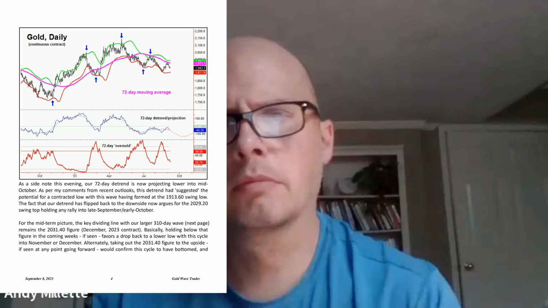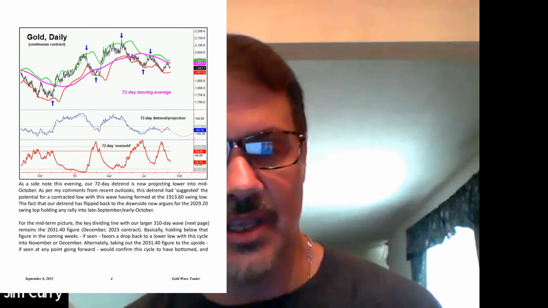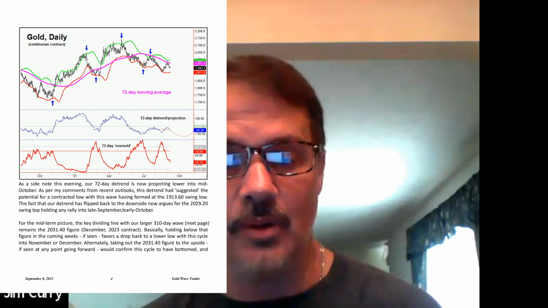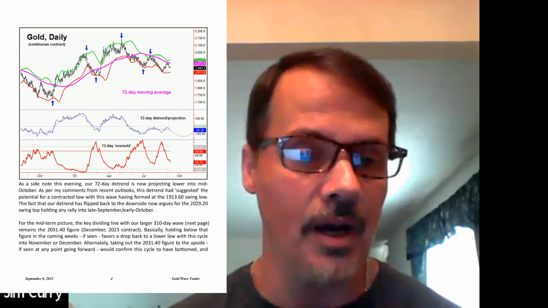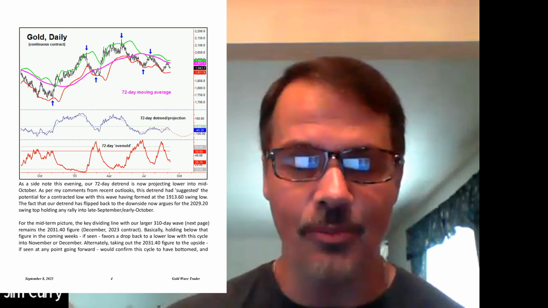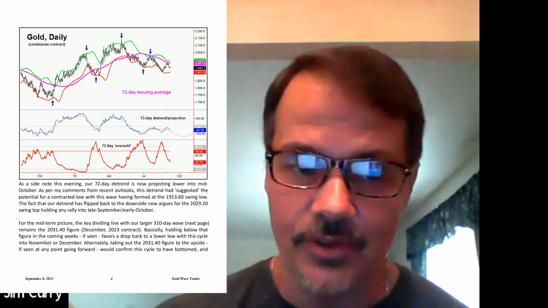Got it. And this cycle, presently, by the action of the D trend, again, is our best estimation of when it's going to bottom. It's projecting a low around mid-October. So that would say if we rally into late September, early October, then it'll come back down again, and then you will maybe take out that 1913 swing bottom that we saw back in August.